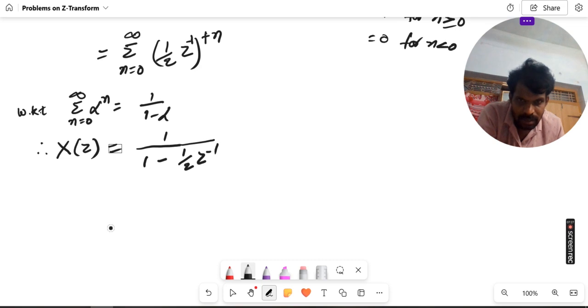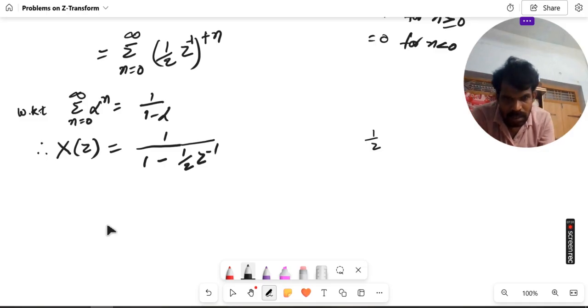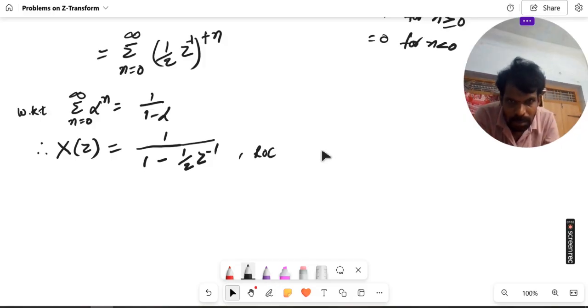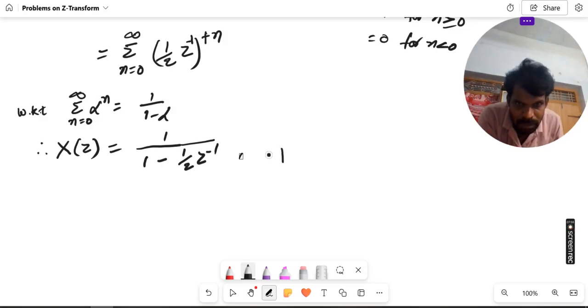Am I right? Right. So here the ROC is simply mentioned in terms of the z value, that is, magnitude of z greater than 1 by 2.